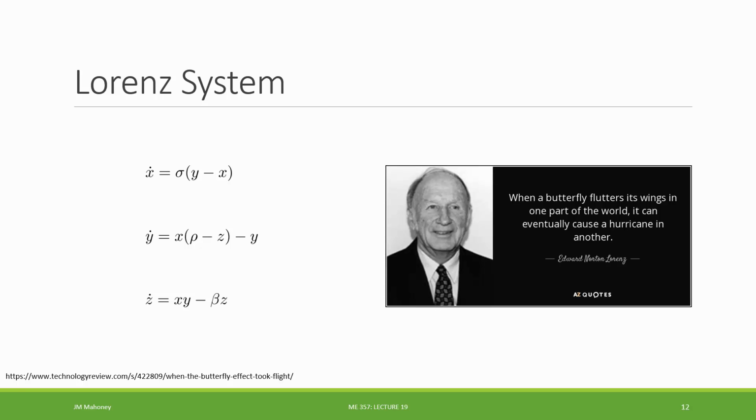Now we'll get into the actual MATLAB simulation in the next part, but let's just look at, for this reduced system, what the state space looks like. So what I'm going to do is solve for x, y, and z going forward in time, and we'll see the initial conditions and the parameters that we're going to be using.